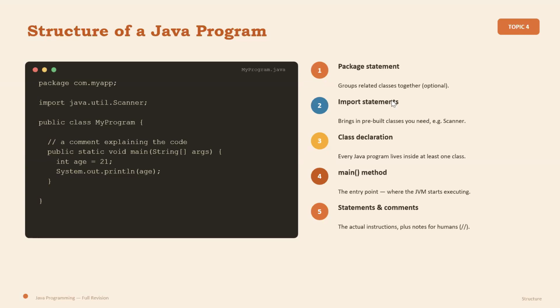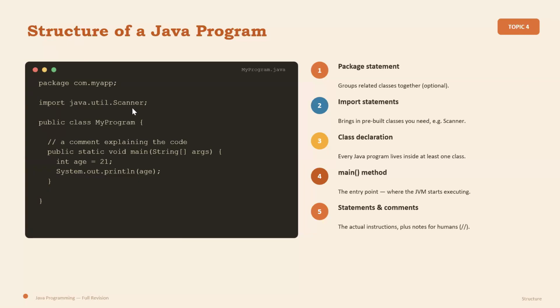For example, if we want to receive input from the keyboard, we often use the Scanner class, which must be imported first. See here, import java.util.Scanner. Import statements allow us to use Java's built-in classes.